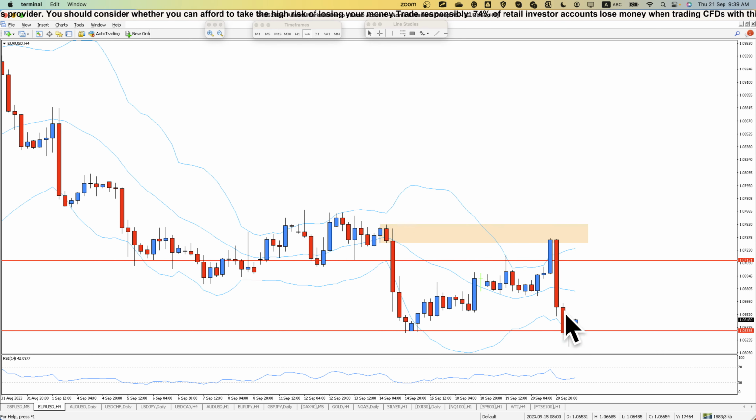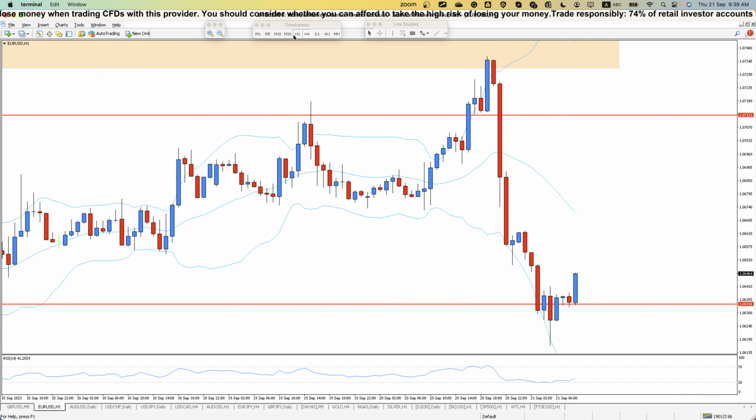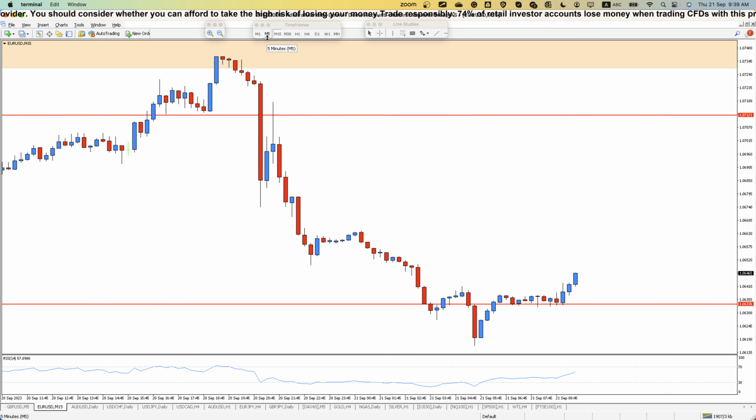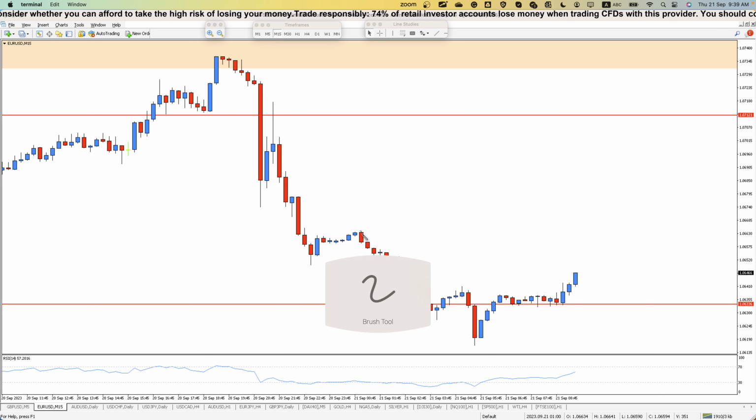If this ends up being a ranging move, it can go all the way to retest the previous bullish candle low, as I show you here, this area here. So we can use the 1 hour chart for price action, and the 15-minute chart for higher highs and higher lows.